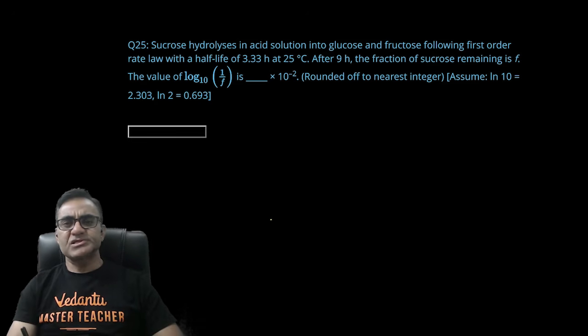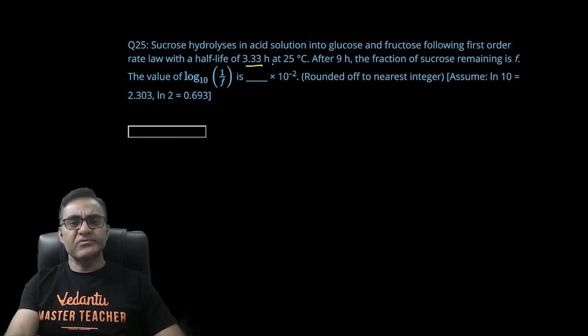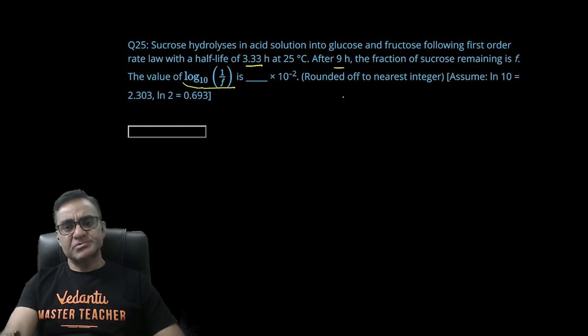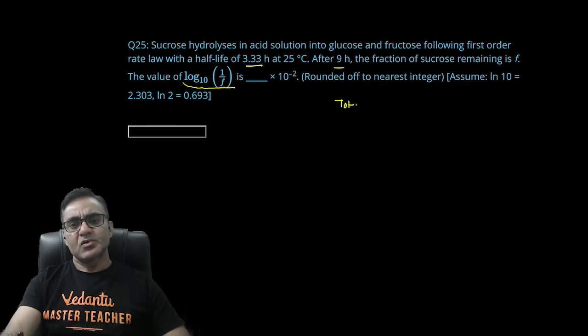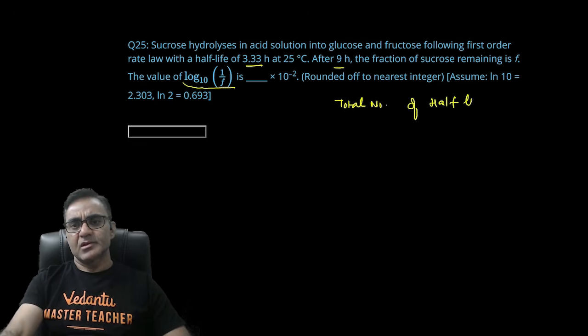Sucrose hydrolyzes in acidic solution into glucose and fructose following first order rate law. Half life is given, total time is given, and the fraction of sucrose remaining is f after time t, and you need to find log 1/f. First, let's find the total number of half lives in the given time. Total number of half lives in the given time is equal to total time divided by half life, 3.33.